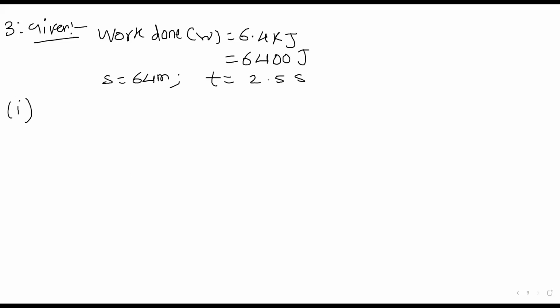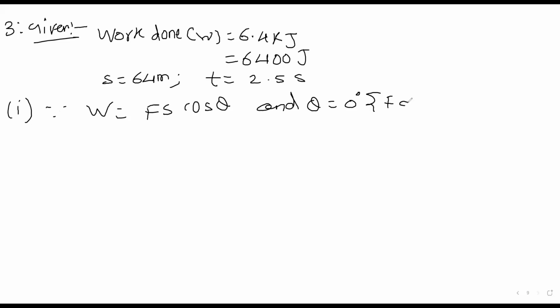First, what have they asked us to find out? Force applied. Okay, since W is equal to Fs cos theta and theta is equal to 0, F and S are in the same direction. So W is equal to Fs cos theta.